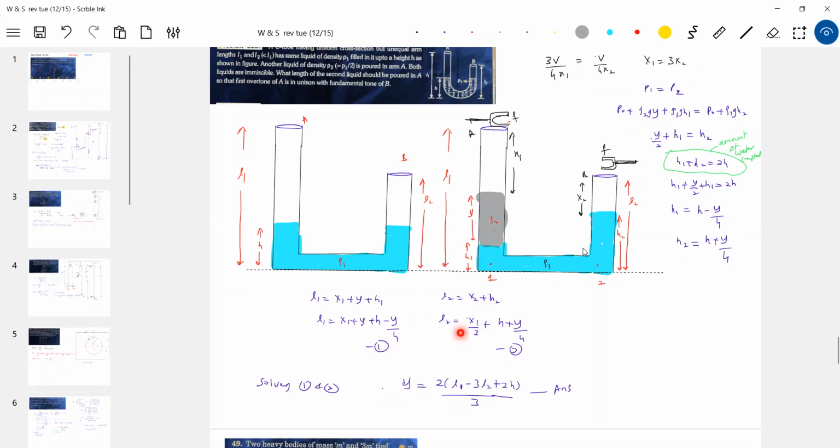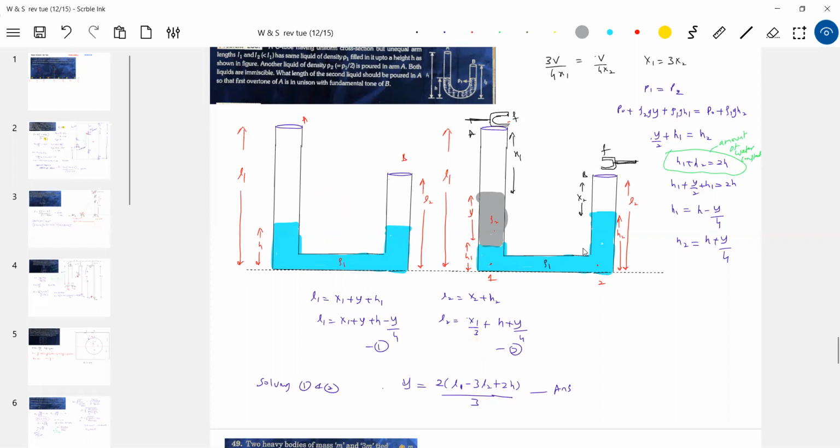Where are we going wrong? I don't know, sir, but we are getting an infinite solution. Infinite means we are not getting any expression for y. y and x1 both get cancelled, sir. We are getting a relation in L1, L2 and H. What is the use of that?